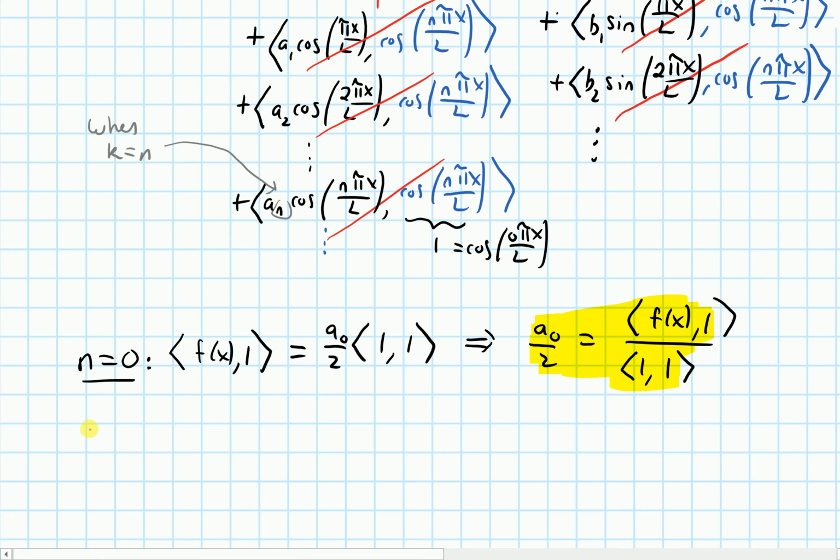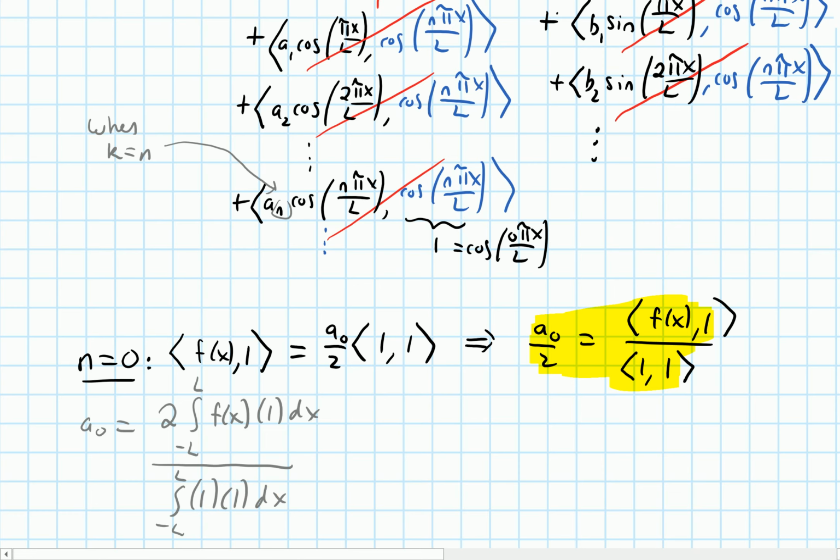If we simplify this, we get that a naught equals, if we multiply by 2, so we get a 2. And then if we evaluate each inner product, the top is the inner product from negative L to positive L of f of x times 1, which is just f of x. Okay, and on the denominator, we get the inner product from negative L to L of 1 times 1.